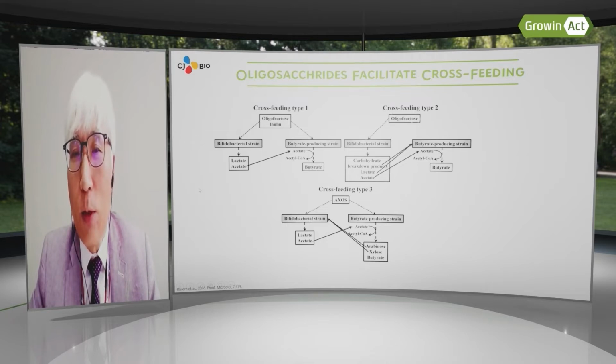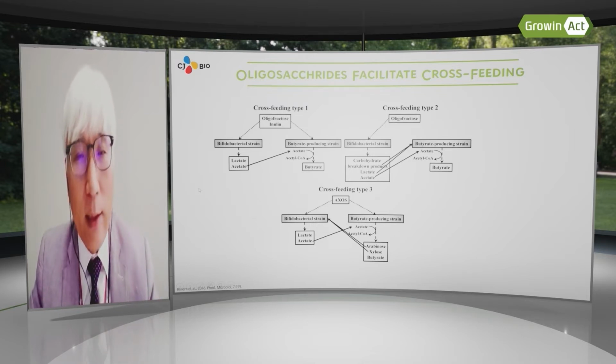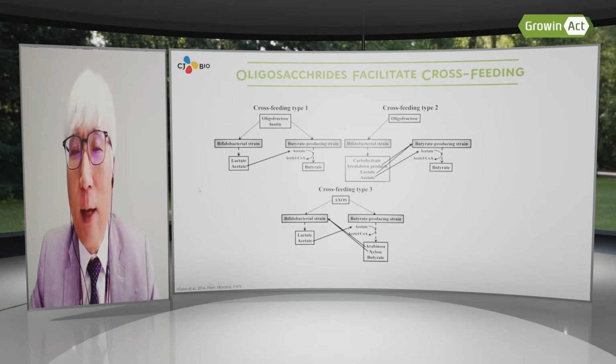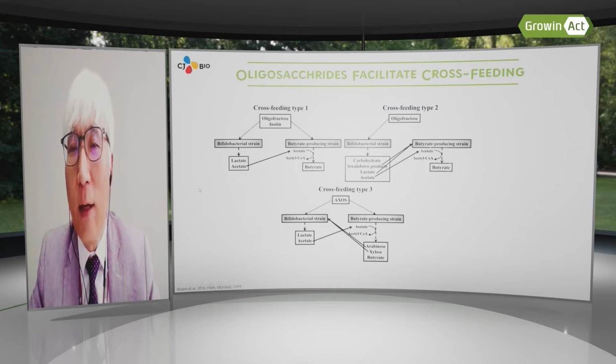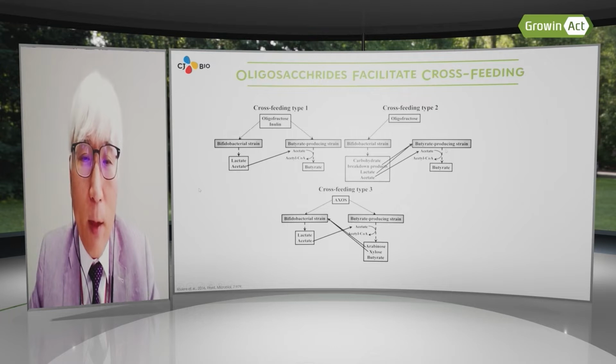For other types of oligofructose, other than inulin, they only stimulate bifidobacterial strains and therefore increase production of carbohydrate breakdown products like lactate and acetate. This lactate and acetate is utilized by butyrate-producing strains, and therefore they are feeding butyrate-producing strains.